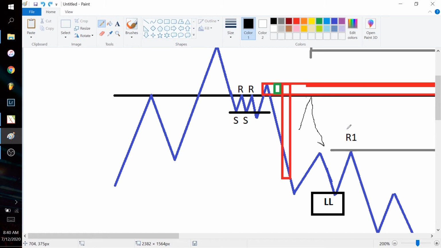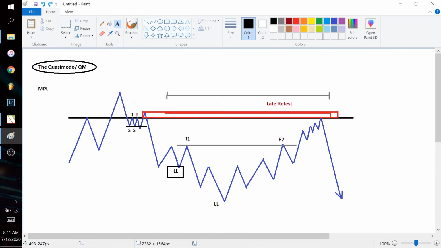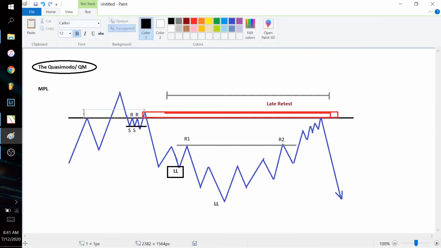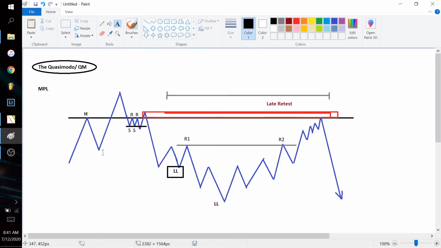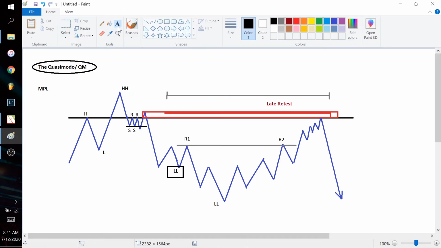Okay, very simple, very basic, but to look for it on the charts is a little bit challenging, so you need quite a lot of practice on that. This is one of my favorite setups. It is the QM combined with the MPL. So we have a high, we have a low, it's a higher high, and after that we have the lower lows here. Lower low, and we have another lower low.